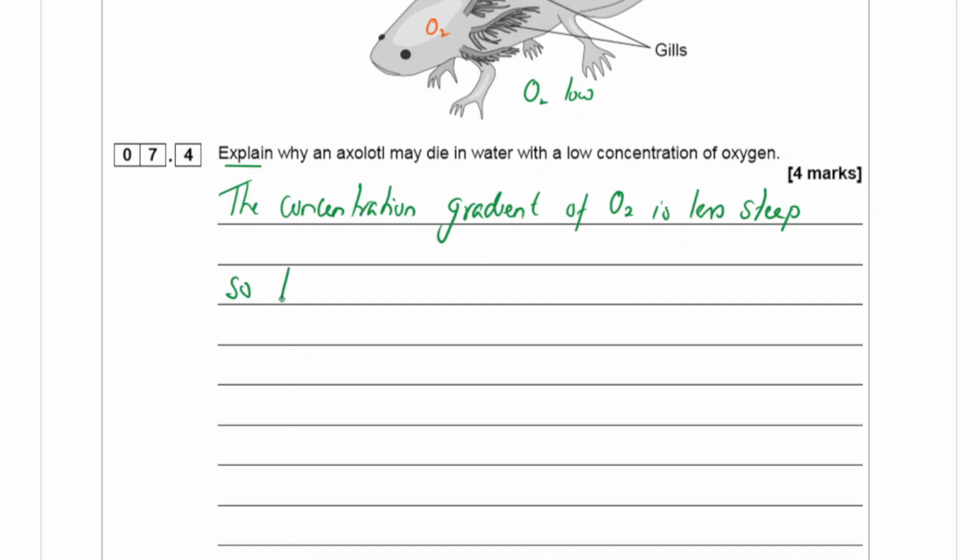So less oxygen would diffuse into the blood through the gills.